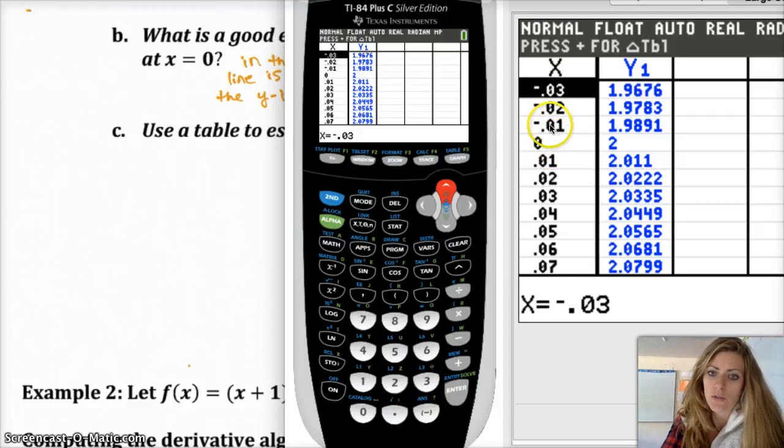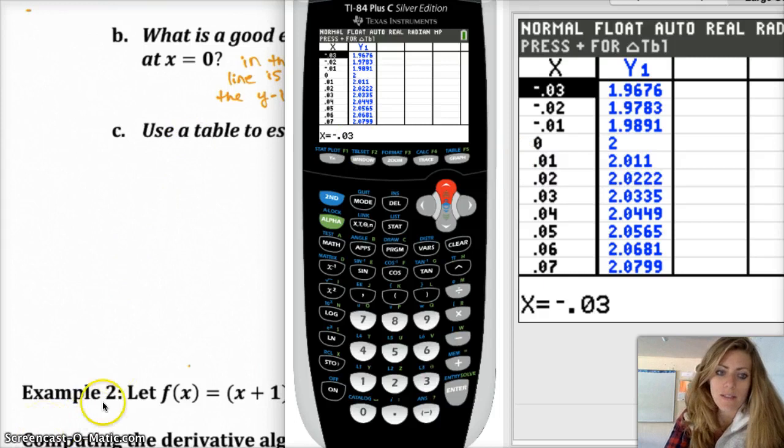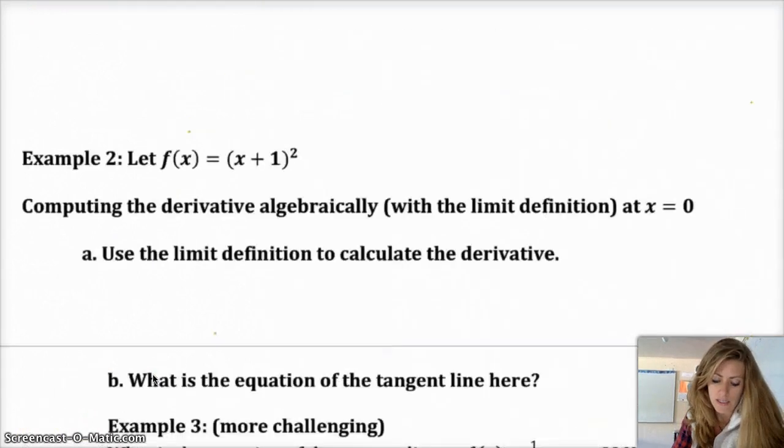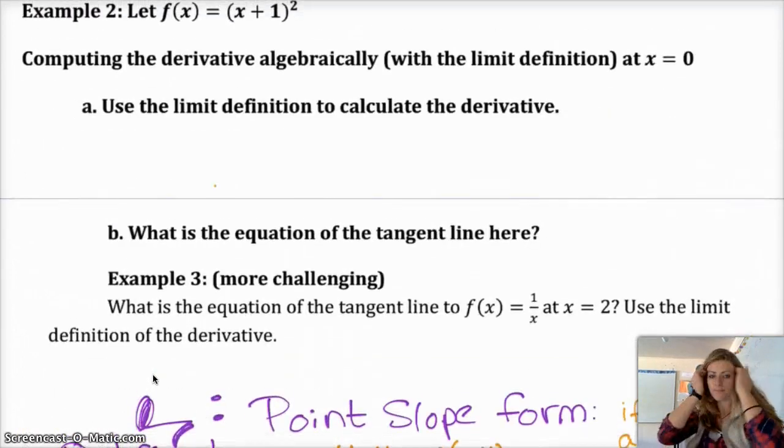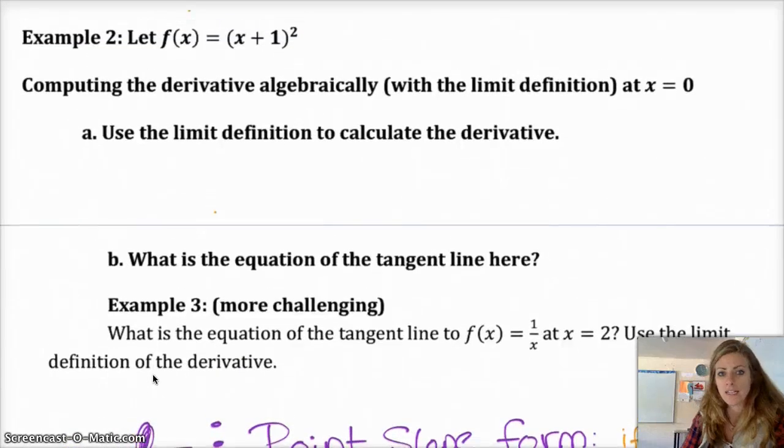You can take a point that's really close to (0, 2), find the average rate of change, and get another estimate for the derivative at that point. The second example is computing the derivative algebraically.